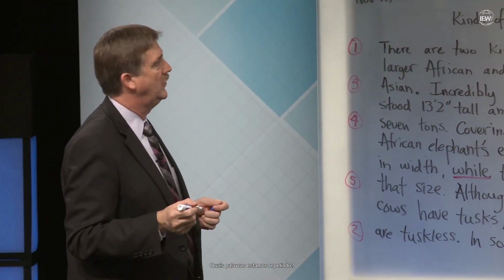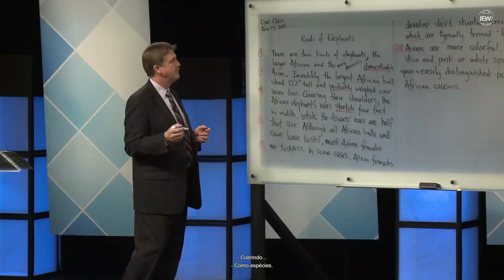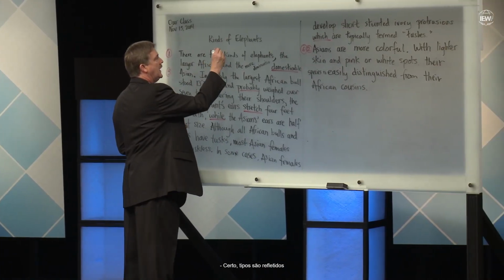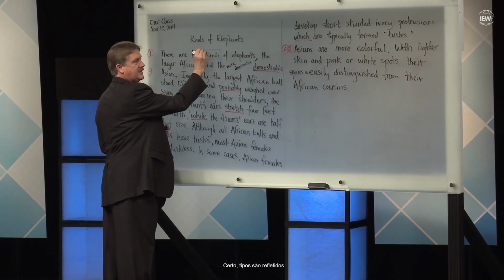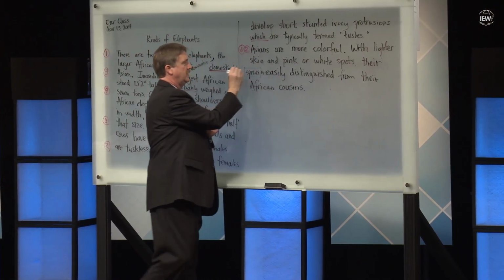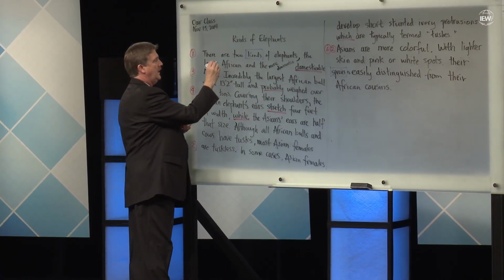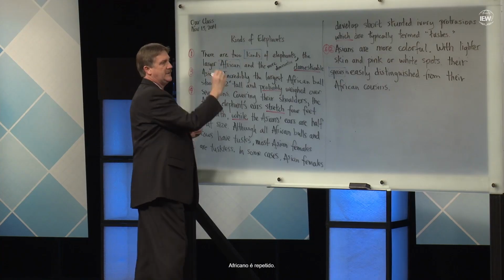Which words are we repeating? All right, kinds is reflected by the word species. African is repeated.